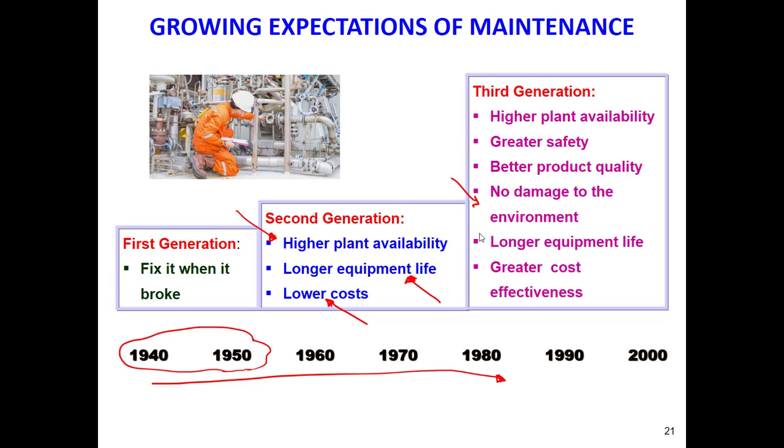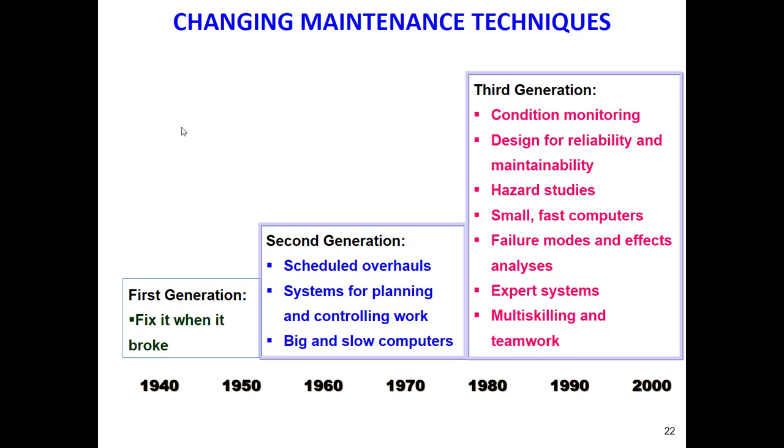Okay, so those are the things that are being considered for the maintenance activity in recent years. And okay, the techniques, the technology that has been used for this job has also changed.